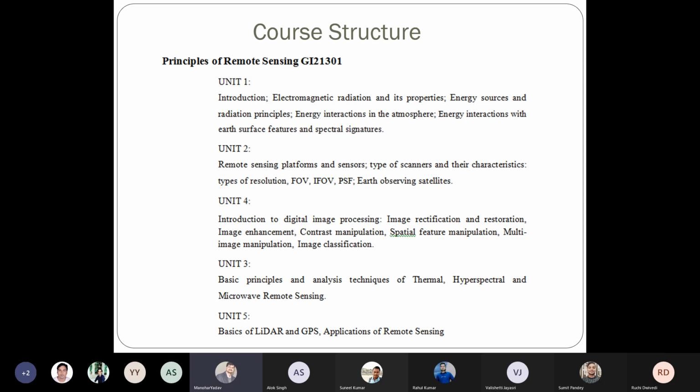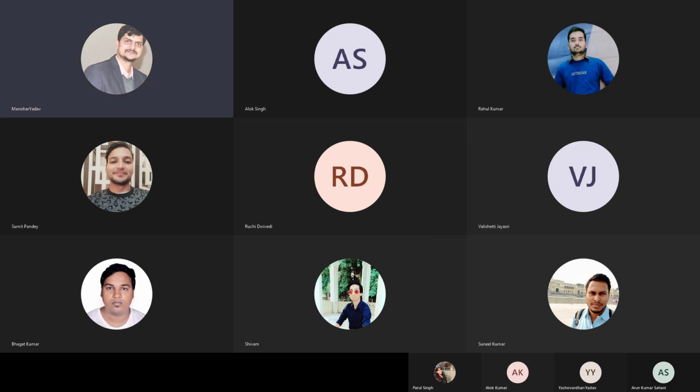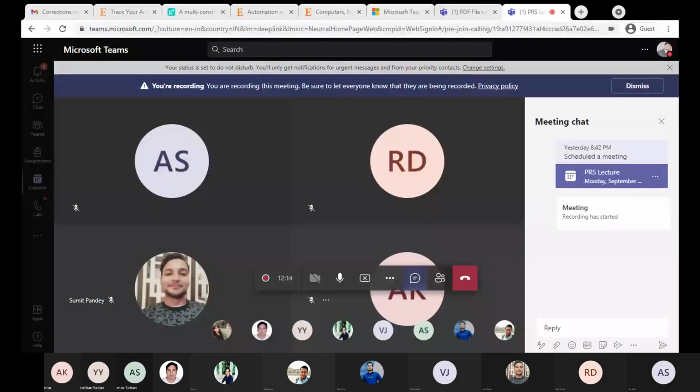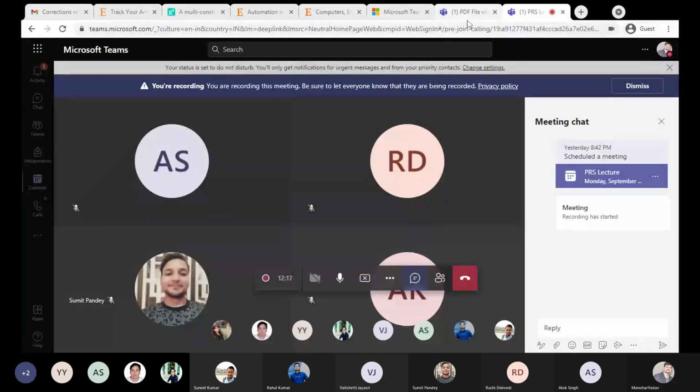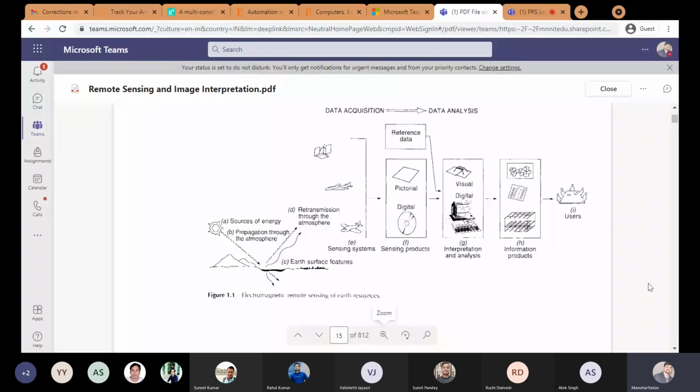So let me share another document. Okay, this particular diagram covers the content which we will discuss in the complete syllabus.